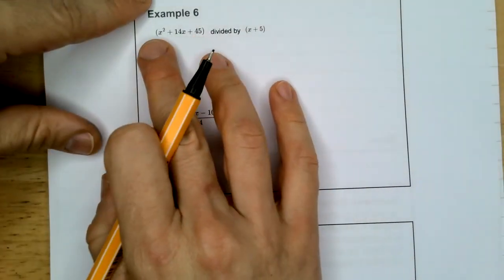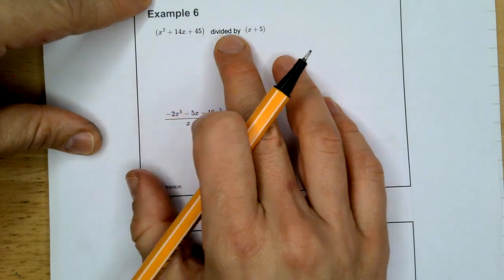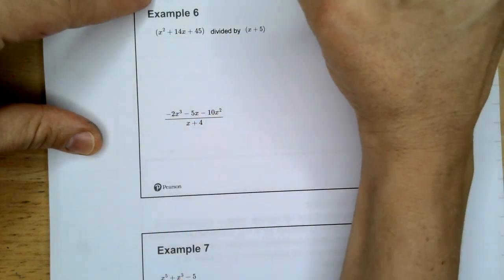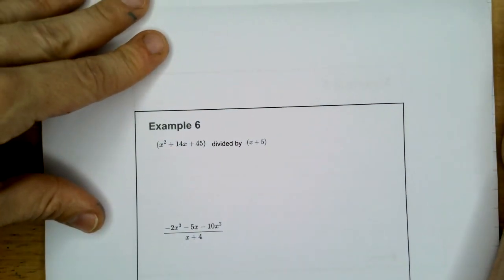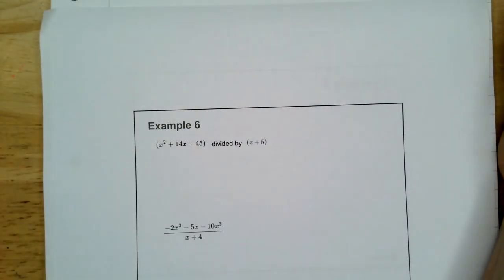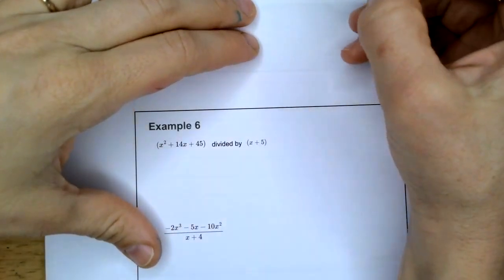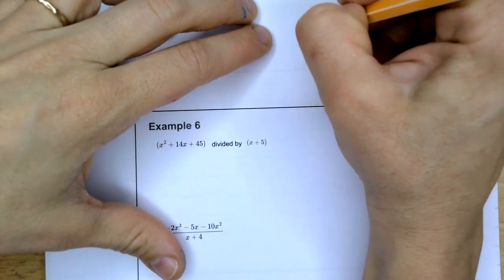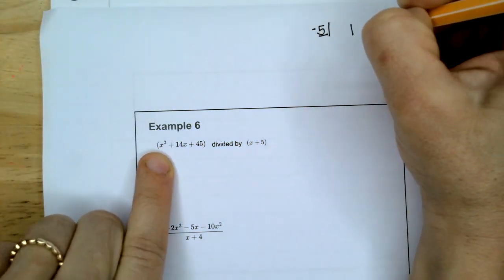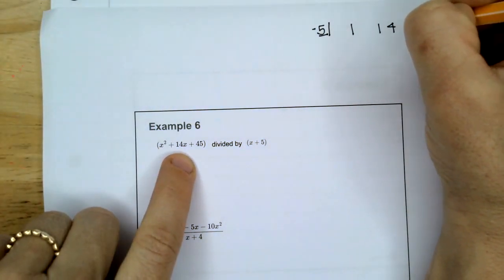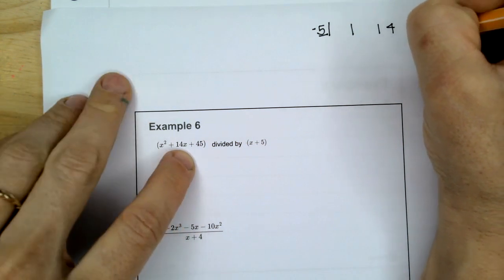Good. All right, here we have x squared plus 14x plus 45 divided by x plus 5. If you don't like synthetic division, you can do it the other way as well. So divisor box gets a -5, and then we add 1, a positive 14, and a positive 45.